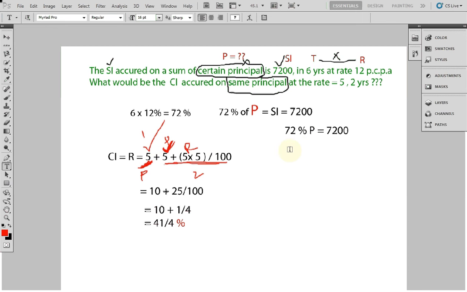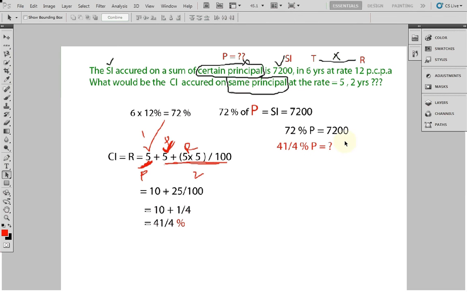Compound interest will be, what is the compound interest? 41 by 4 percentage of P equals to how much? This is the compound interest.